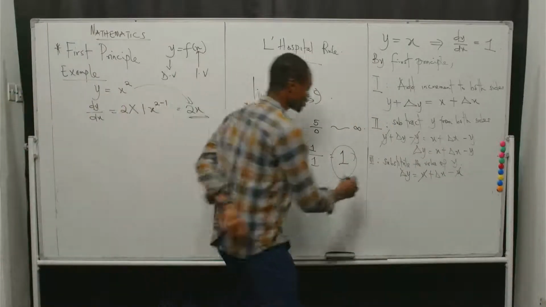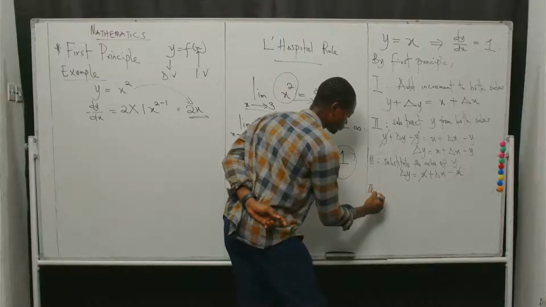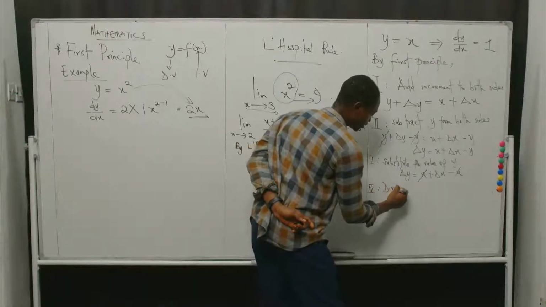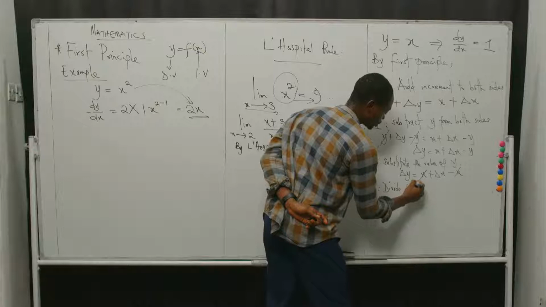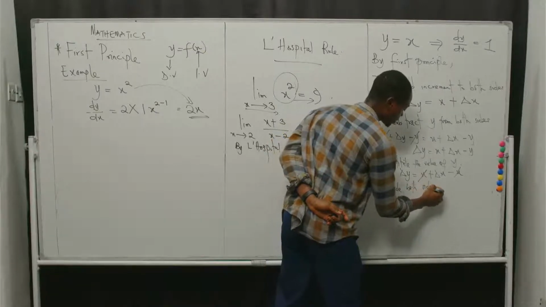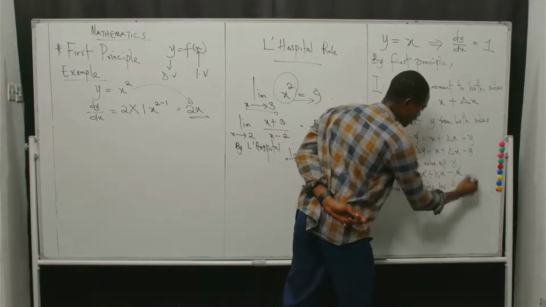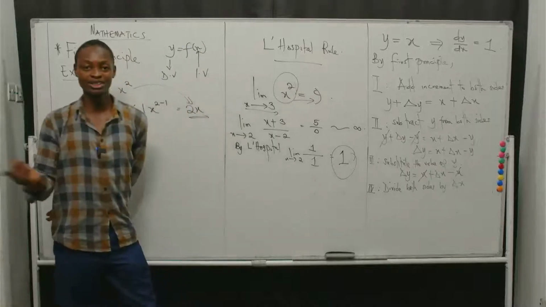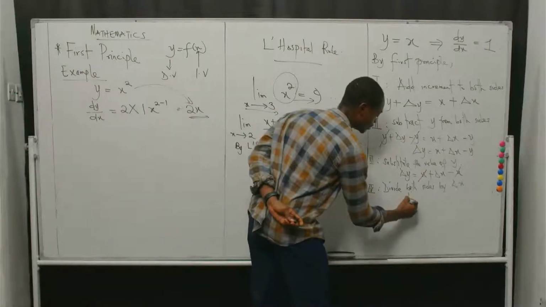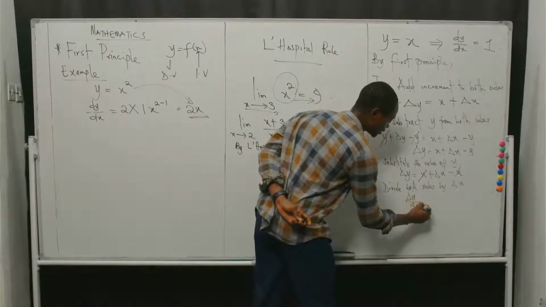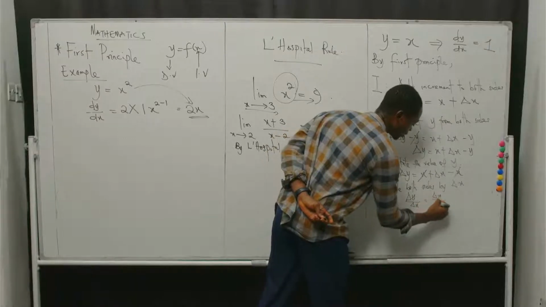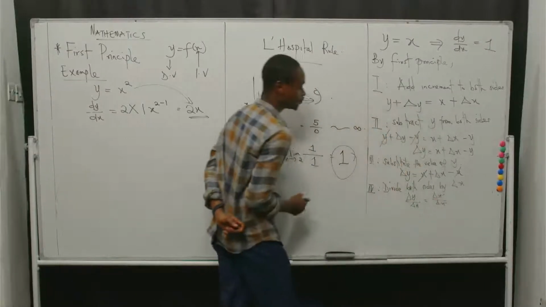And then the fourth step says divide both sides by delta x. So we divide both sides by delta x. What do we have? We have delta y divided by delta x is equal to delta x over delta x, which immediately will give you 1.